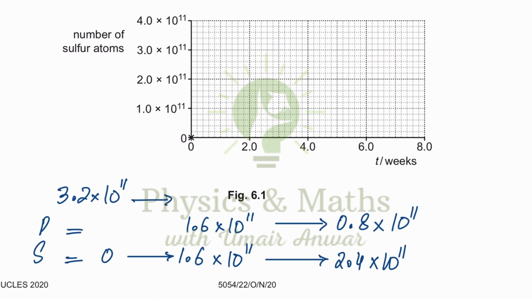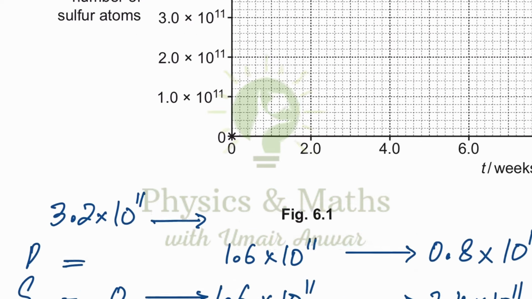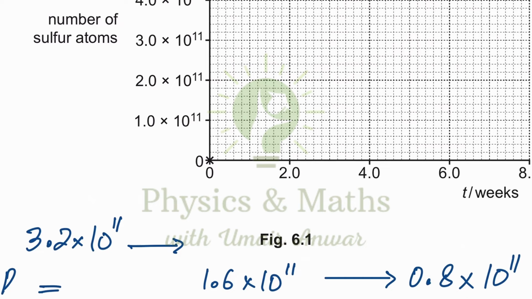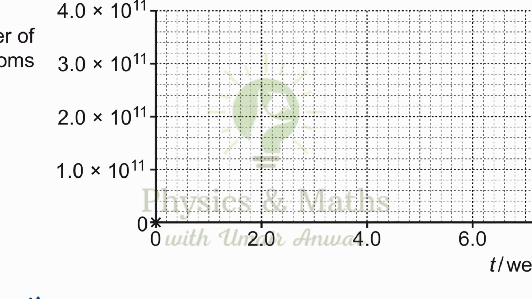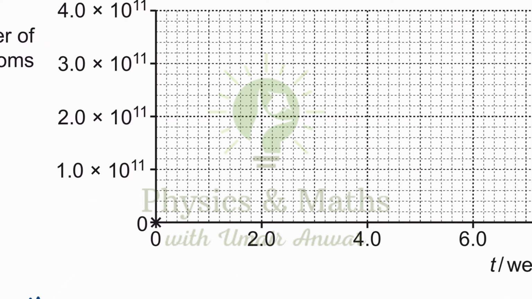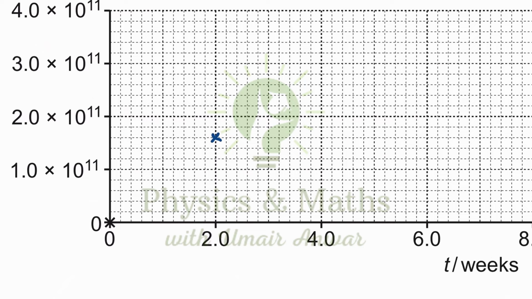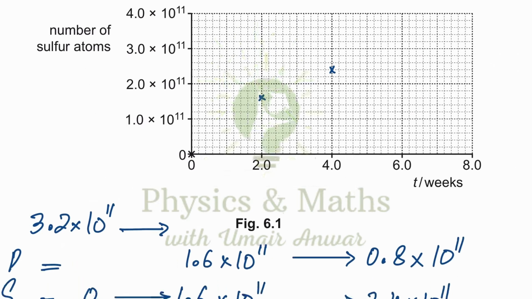The number of atoms which are decreasing in phosphorus, the same number of atoms for sulfur would be increasing. So after 2 weeks, I would be marking a dot or a point at 1.6. So it should be marked over here after 2 weeks, and after 4 weeks it should be marked at 2.4 into 10 raised to 11.